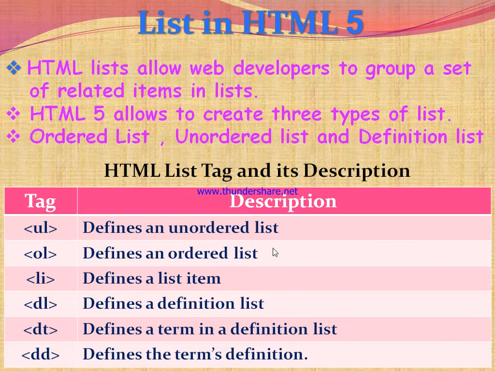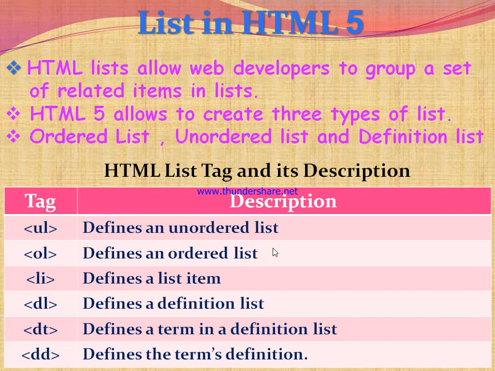Now, the third and most important is DL, that is definition list. The DL tag contains two subtags referred to as DT and DD. DT defines a term in a definition list and DD defines its definition.